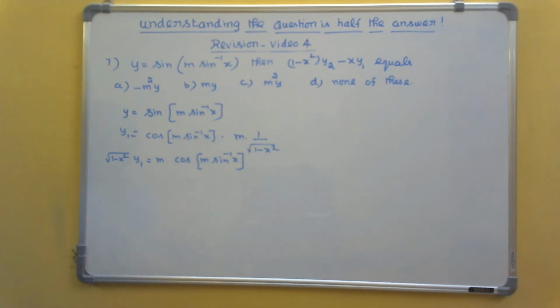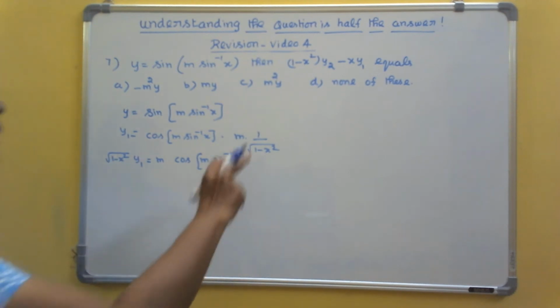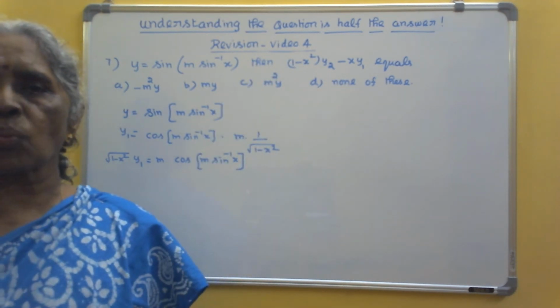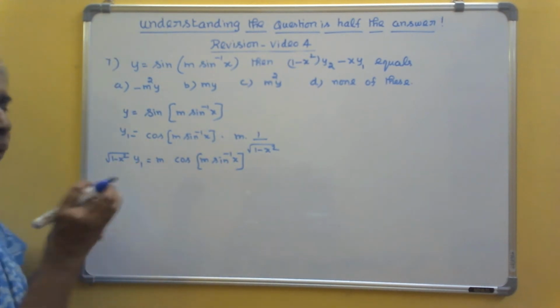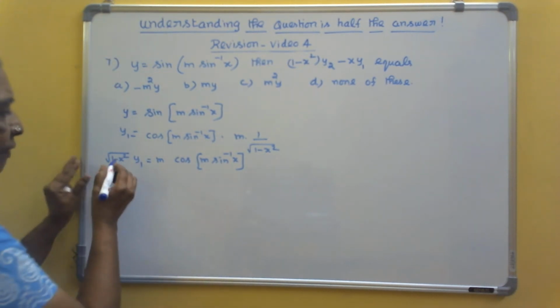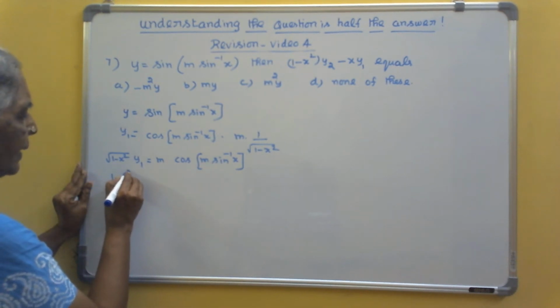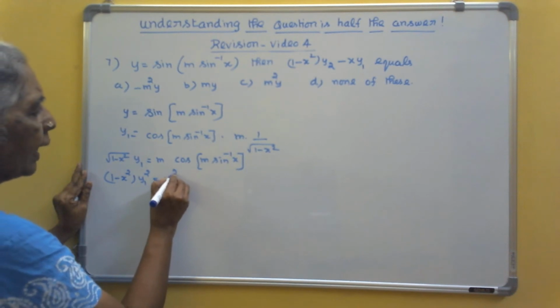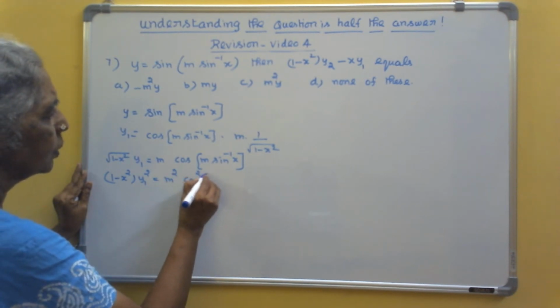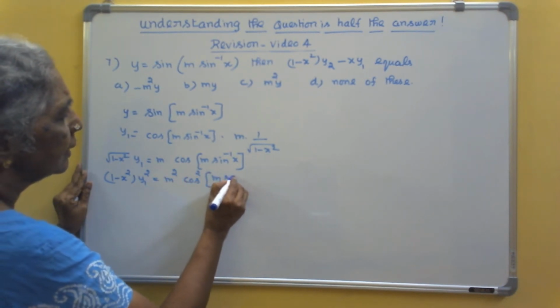Now, I can keep it like this and differentiate, but I don't want the root. And when I see here, I have a 1 minus x squared, so I am squaring both sides. See here, it will make your things very easy. When I square, I will get 1 minus x squared into y1 squared is equal to m squared cos squared of m sin inverse x.